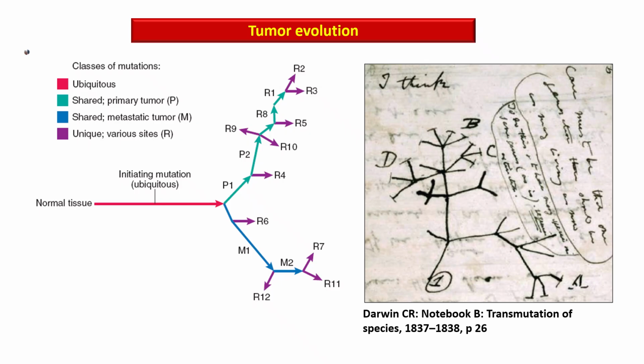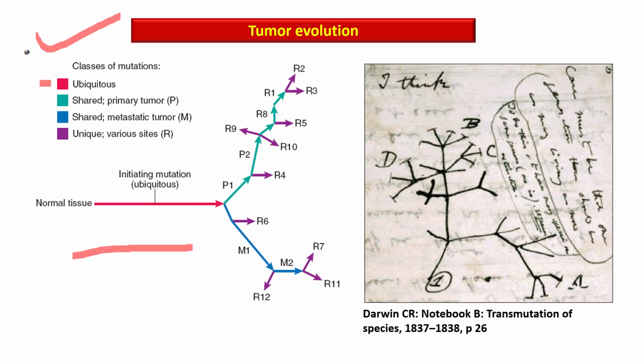This phylogenetic tree, or tumor phylogenetic tree, is a schematic presentation of a genetic lineage tree tracing how different mutations accumulate and diverge within a single patient's cancer over time. There is a color code used for mutation. This red one is the ubiquitous mutation found in all tumor regions, representing the initiating mutation, the founding event of the transformation.